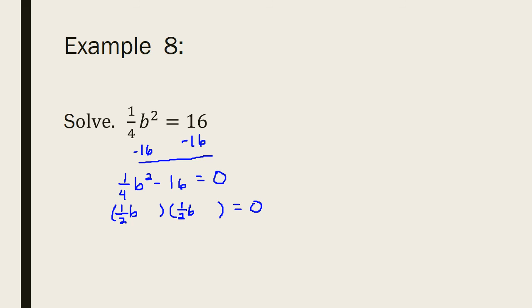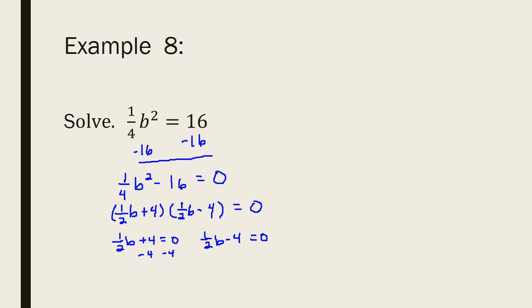And then the square root of 16 is 4, so I do plus 4, and then minus 4. All right, now you're going to set each factor equal to 0. 1/2 b plus 4 equals 0, and then 1/2 b minus 4 equals 0.